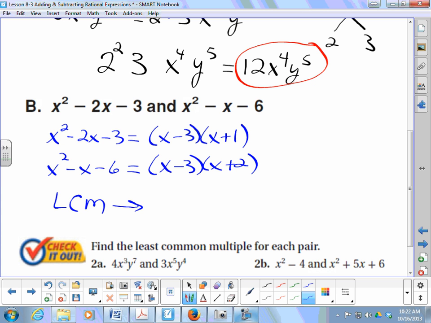Okay, step 2. List all the different factors.